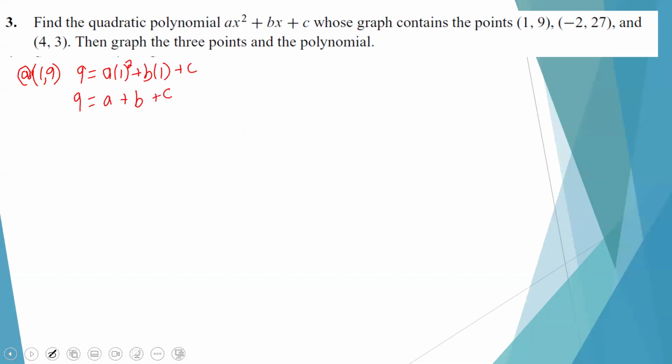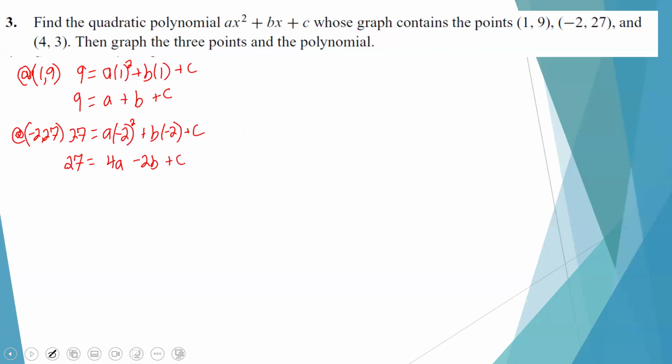Great. And at negative 2, 27, what is it? That means that 27 is equal to a times negative 2 squared plus b times negative 2 plus c. So that means 27 is equal to 4a minus 2b plus c.